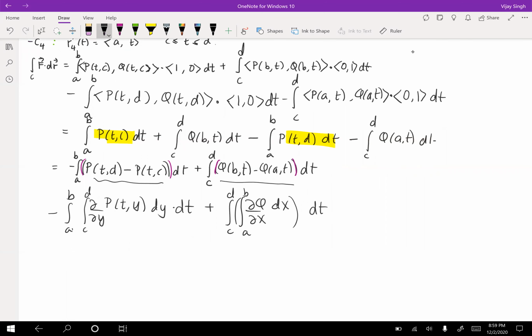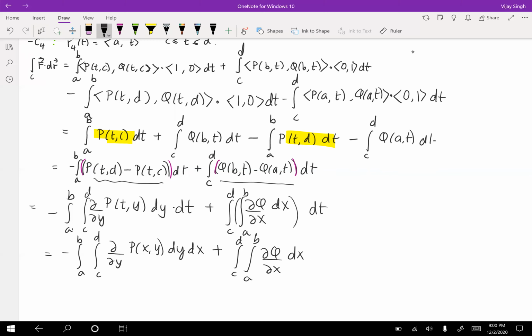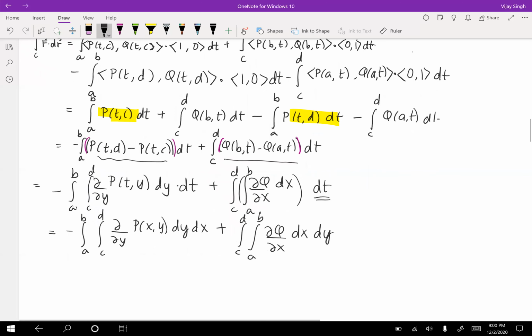Now, instead of dt, we can call it X, right? So let's call that X. We get minus the integral from A to B, the integral from C to D of dou P by dou Y, P(x,y) dy dx, plus the integral from C to D, the integral from A to B of dou Q by dou X dx. Instead of this T, we'll call it Y. Okay, now combine these two integrals together.